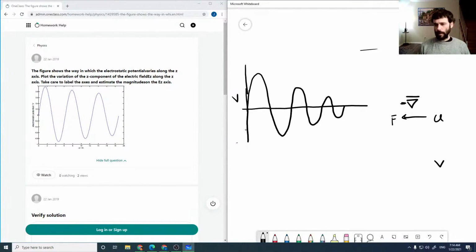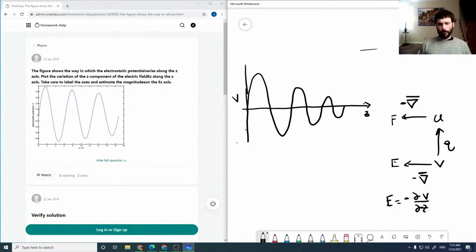I can get from potential to potential energy by multiplication by Q, the charge. And I can get from potential to E field by multiplication by my derivative vector. Now here I'm just talking about the Z direction, so my E field is just the minus derivative of my potential with Z.